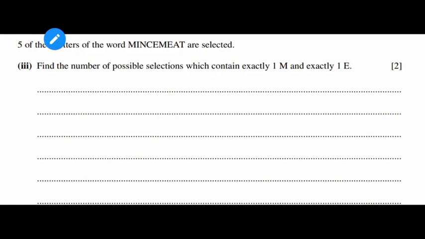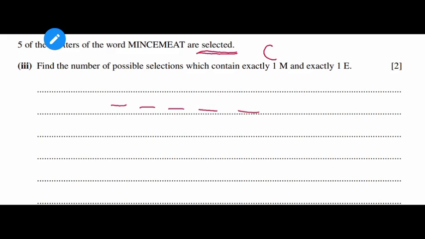Find the number of possible selections which contains exactly one M and exactly one E. So here we are going to do selection, not arrangement. We are going to do selection, that means combination. So we need to select how many letters? 5.